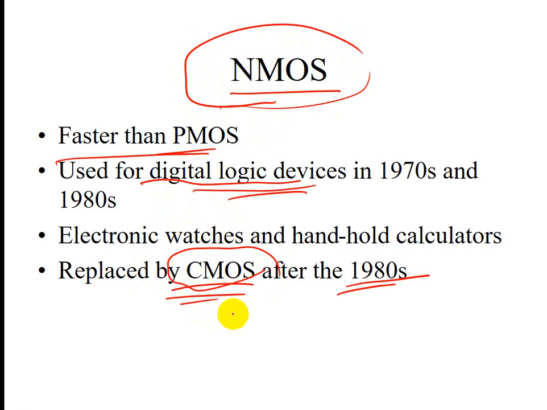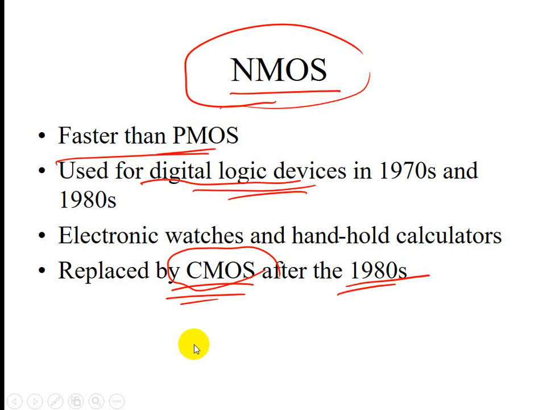So even though the process takes twice as much as a single NMOS or PMOS, because of the quality, the low power consumption and better signal immunity, so noise immunity, it's a much better design than simply NMOS or PMOS.